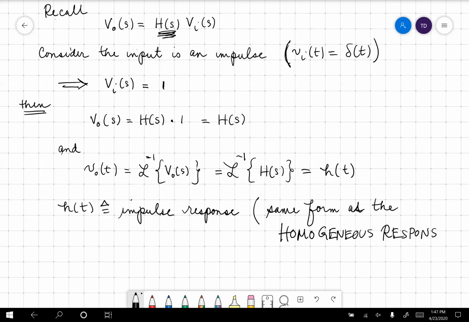Remember the denominator terms of H(s)? The denominator terms are those terms found in our homogeneous response. So the impulse response has the form of the homogeneous response. The only difference is when we put an impulse in, we end up energizing the elements a little differently. So it's going to be scaled. The form will be the same, but the scaling will be different. We don't know exactly what that scaling is going to be.